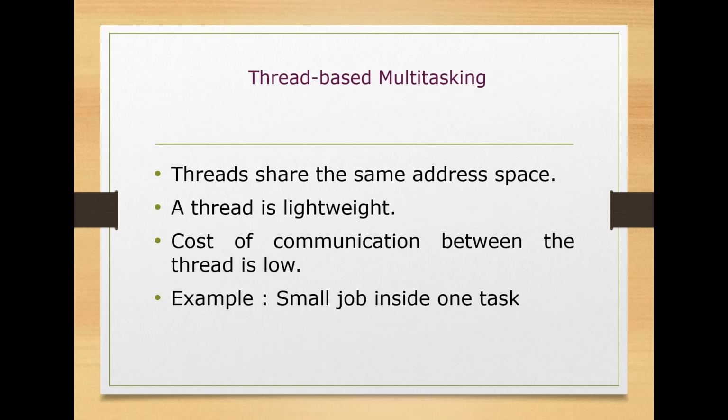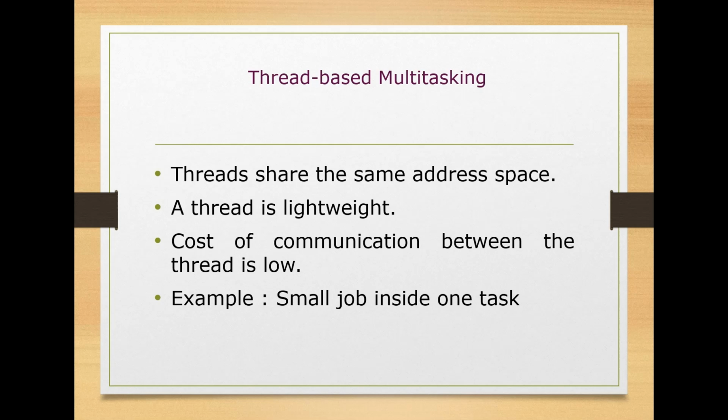Inside the web browser, there can be different tasks running. All the small tasks or small jobs running inside the web browser can be called threads. So all these tasks are known as thread-based multitasking, because all these small jobs are running inside a single process.